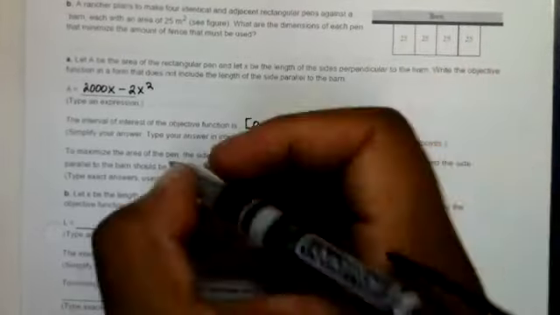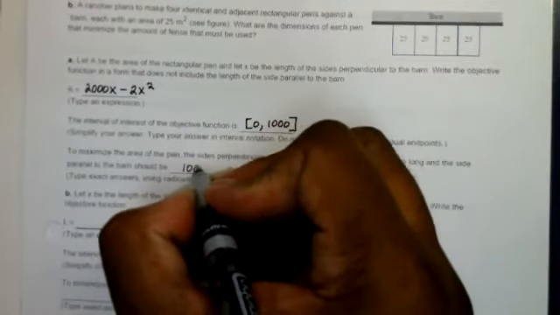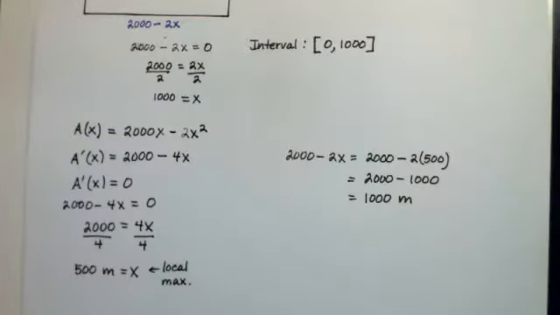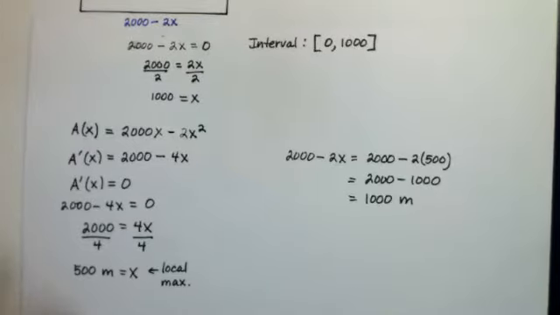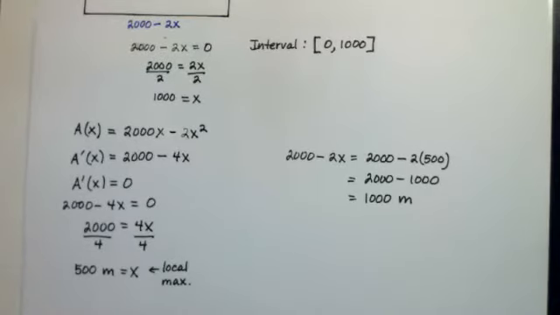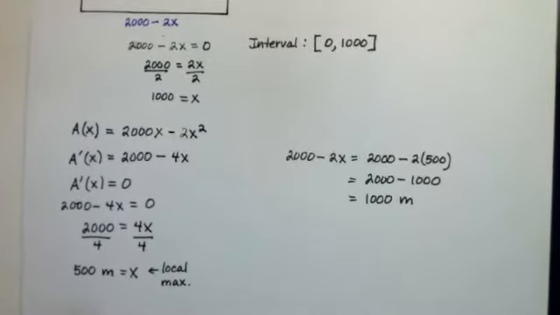And the side parallel to the barn must be 1,000 meters long. Okay. So that's how we answer part A of example 2. All right, on the next page, I'm going to do part B. Bring back up part B.